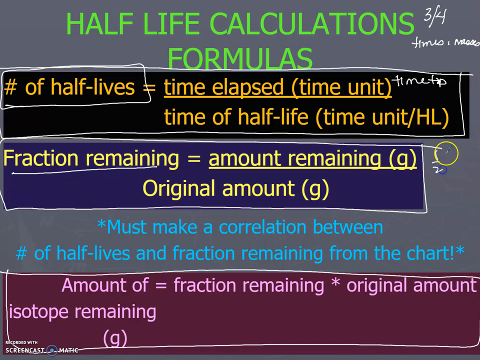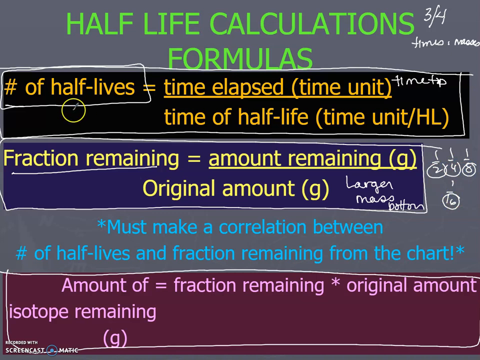Do you have 1/2? Do you have 1/4? Do you have 1/8? Do you have 1/16? So if you have 2 masses, the larger mass is on the bottom. Okay, the amount remaining here, and then you have the original mass right there. And you're going to have to figure out which one of these guys it's going to be.